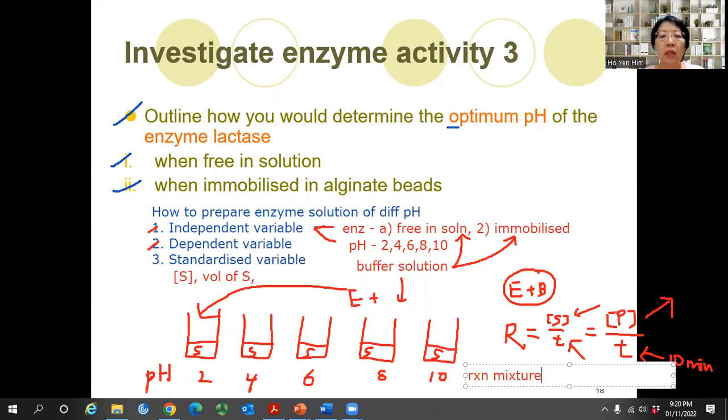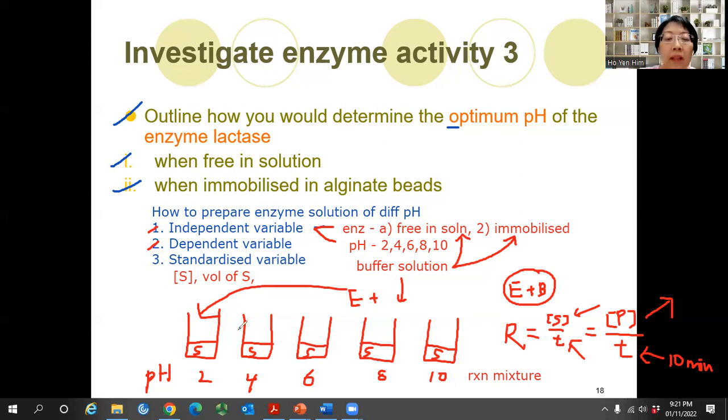Within these 5 reaction mixtures, after 10 minutes, we take 2 cm cube of the solution from each, put it in a test tube and boil it in a boiling water bath for maximum 5 minutes, and then check the color.